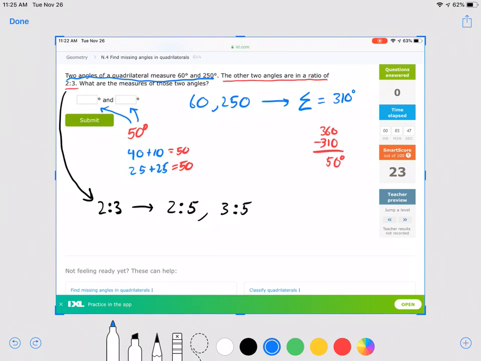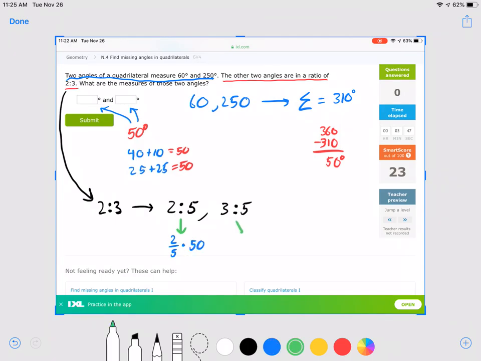Okay, so we can say that there's a ratio of 2 to 5 where the total is 50 though. So in our case, the total left over is 50. So for one of the angles, we can say that it is 2/5 of 50.